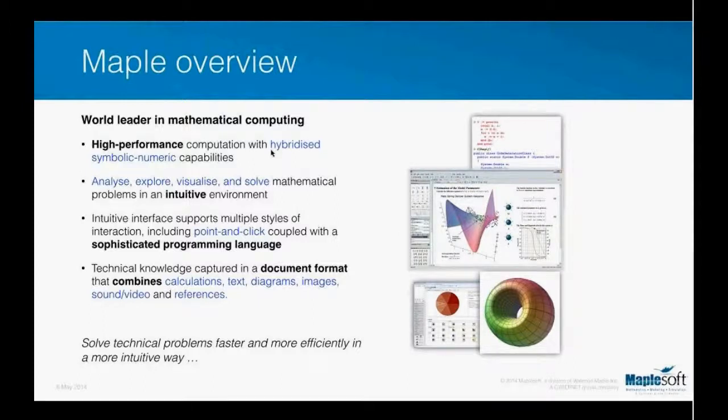Knowledge is captured in a natural form, which has been our philosophy for a long time, within the document-oriented workflow. And this seamlessly integrates with common processes and components for design and analysis, such as calculations, text, diagrams, and external applications. So let me jump into Maple now to show you some examples.